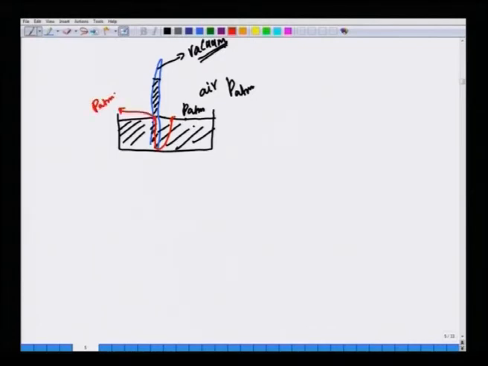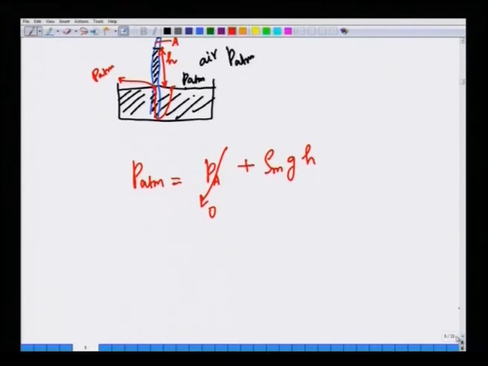So, the pressure at this point, which is atmospheric pressure, is the pressure at point A, let us call it P A, which is 0 because it is at vacuum, plus rho mercury g times H, where H is the height of the column of mercury present in the tube.